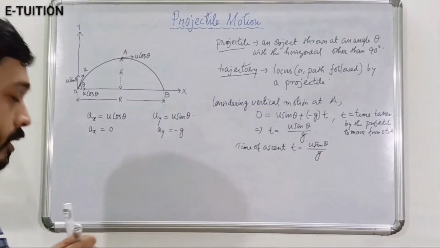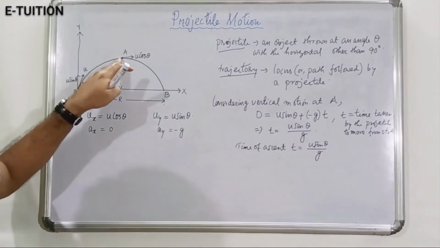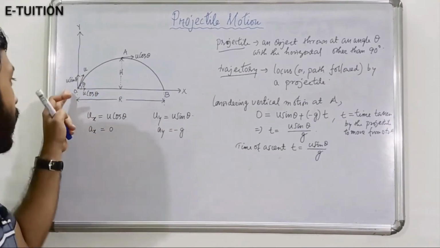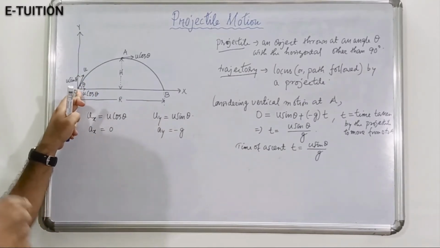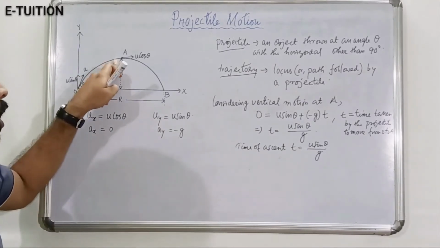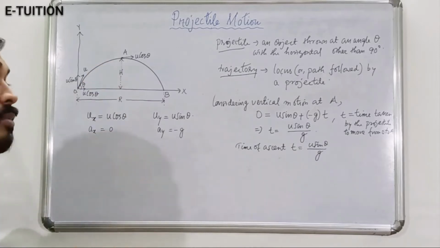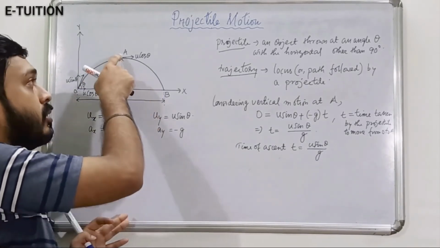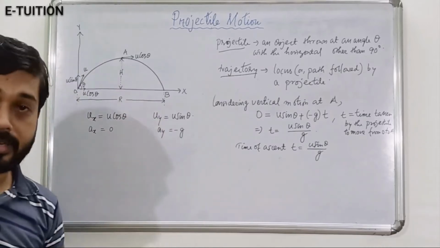So now the important point to be noted is that time of ascent is same as the time of descent. So the time taken by the projectile to move from the point of projection to the topmost point is equal to the time taken by the projectile to hit the ground from the topmost point. Okay.